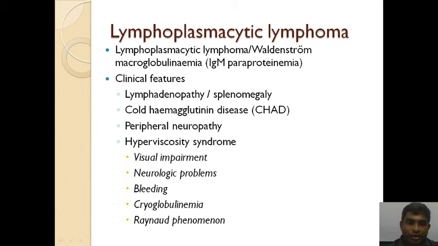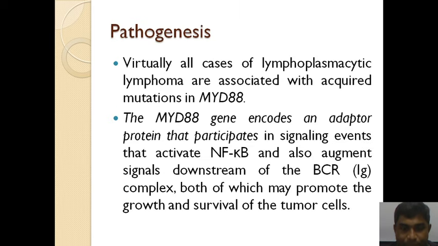Because of the increased size, the accumulation of this leads to hyperviscosity in the plasma and in the blood. So when the hyperviscosity occurs, there is blockage of small blood vessels, leading on to different manifestations like visual impairment and neurological manifestations, and even bleeding and Raynaud's phenomenon can occur.